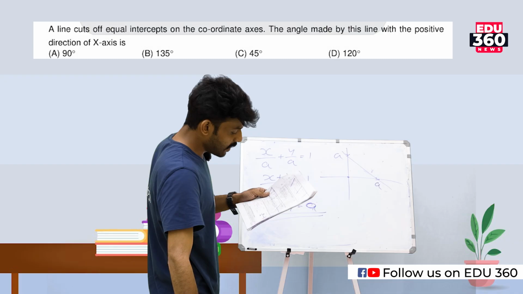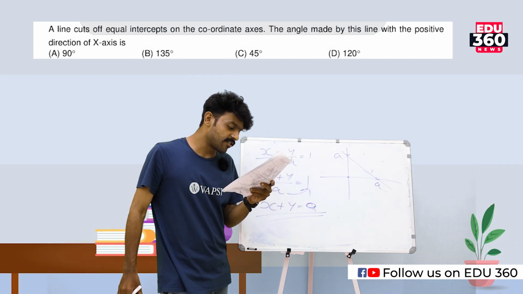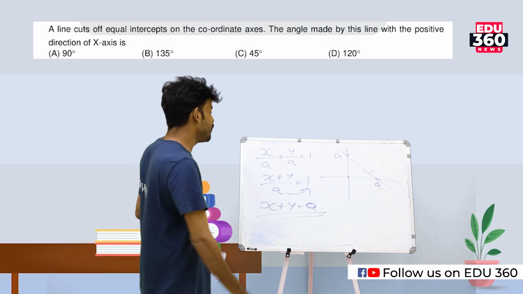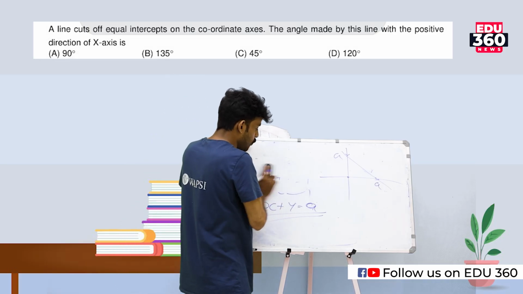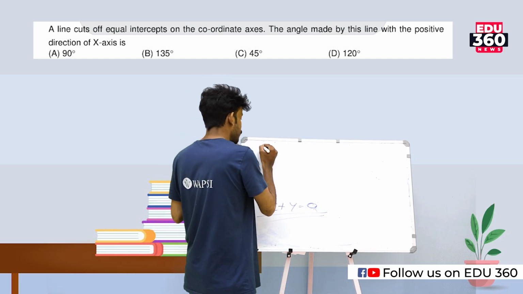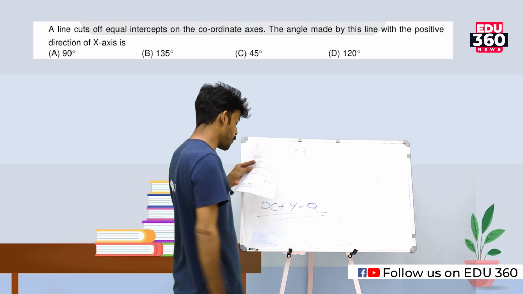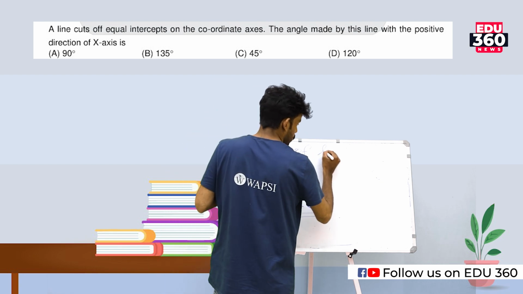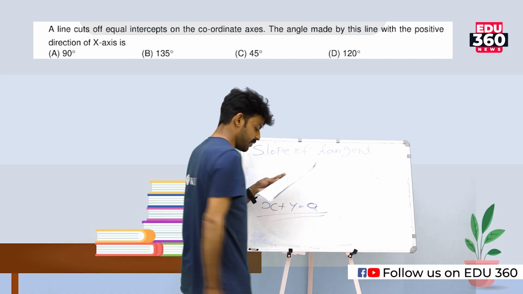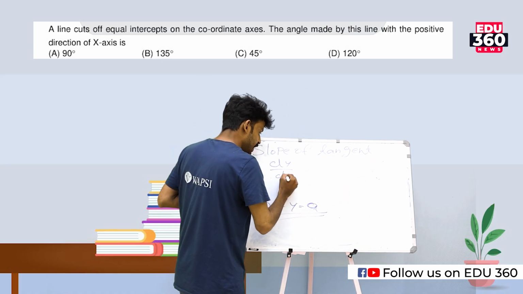So in the question we need to find the angle made by the line with the positive direction of x-axis. So the slope of the tangent, hereafter we can write, the slope of the tangent is dy by dx.